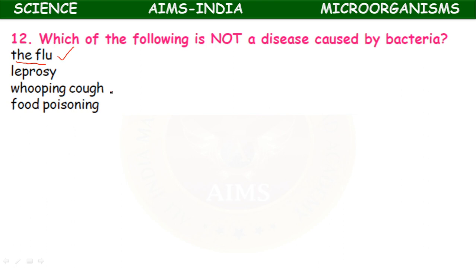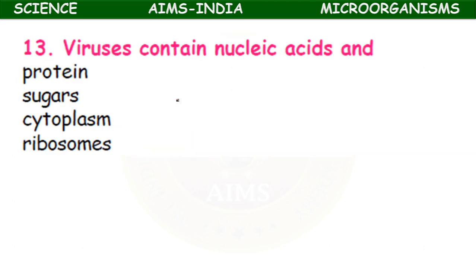Pertussis or whooping cough is also bacterial, and food poisoning is caused by Clostridium botulinum. So option 1, flu, is the disease which is not caused by bacteria.